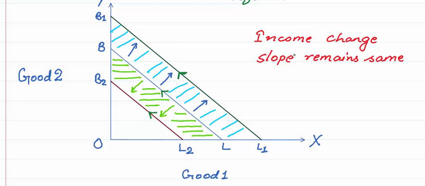This is because the prices of both the goods are not affected by the change in income of the consumer. Hence the intercept at B was M by P2 and at the point L was M by P1.